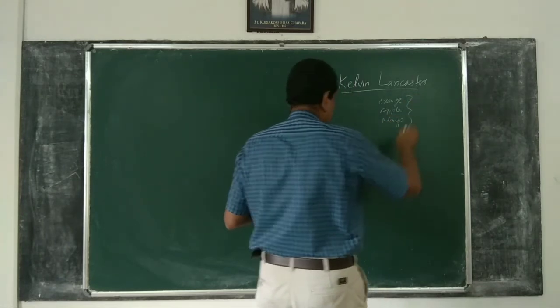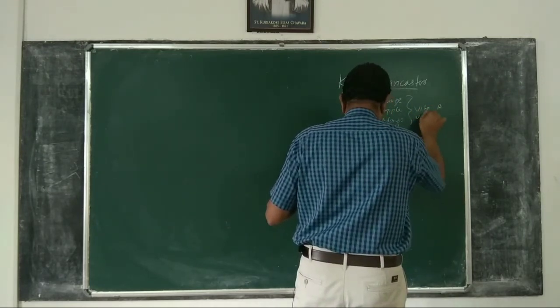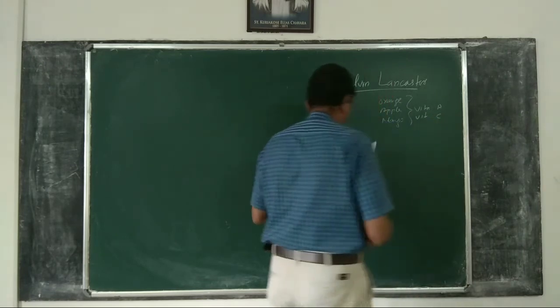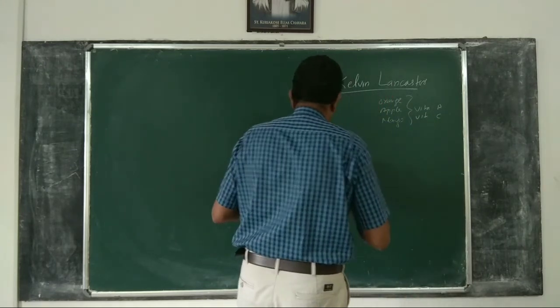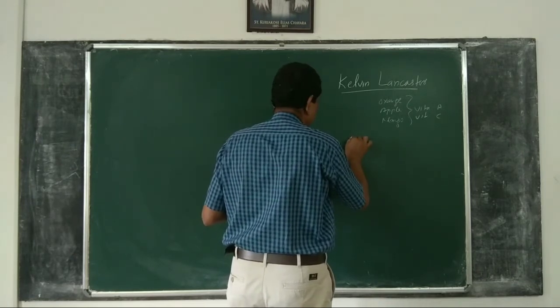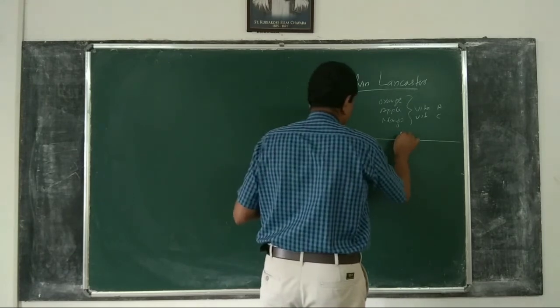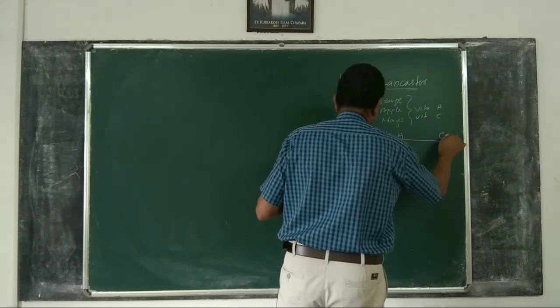And the characteristics are vitamin A and vitamin C. Now let us see the content of this vitamin in these commodities, A and C.